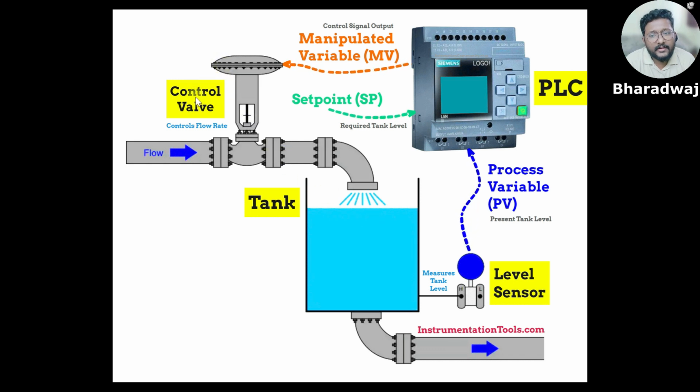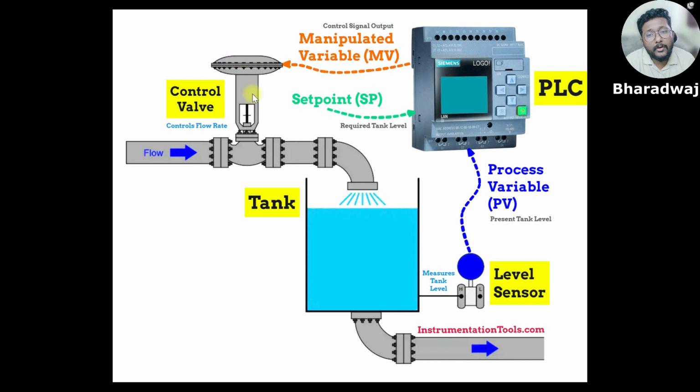Like that, 10% open, 20% open, 50% open, 90% open, 100% open, depending on the control valve open or closed position, the flow rate will be adjusted and respectively it will reach the tank.